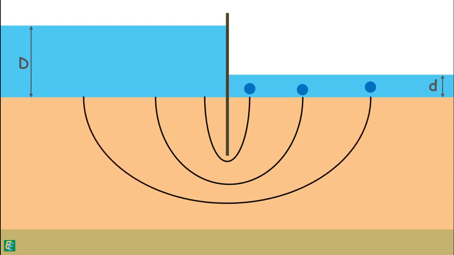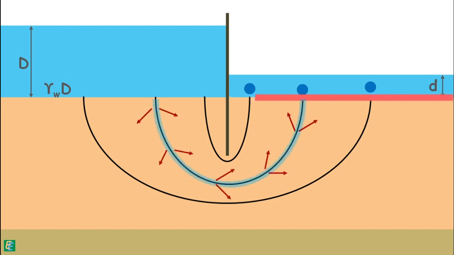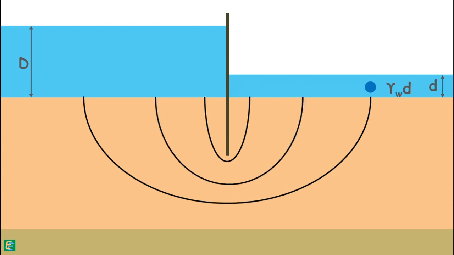Note that each flow line begins from the upstream surface, which is at pressure gamma W capital D, and travels through the soil, constantly losing its energy, and terminates at the downstream surface, which is at pressure gamma W small d. So, we can pick up certain points on the different flow lines where the total energy lost is equal.